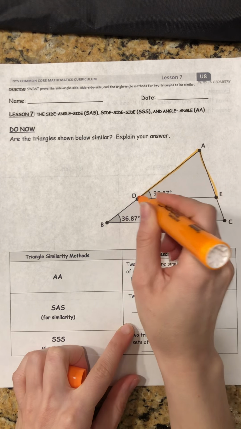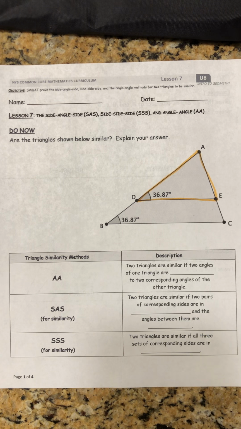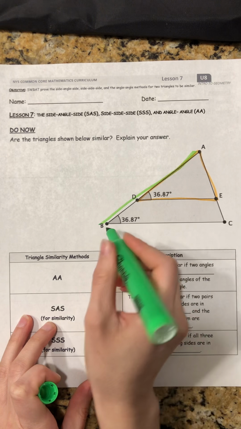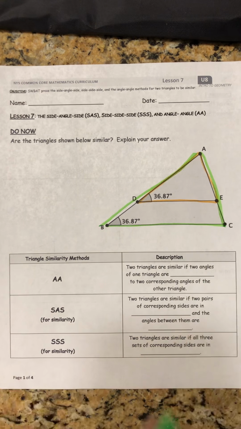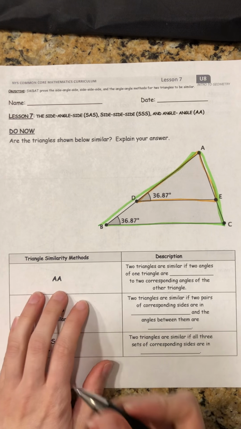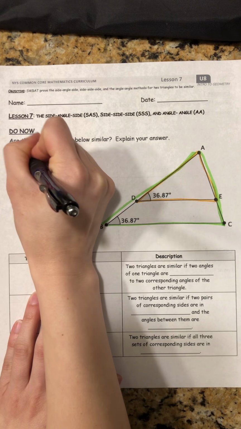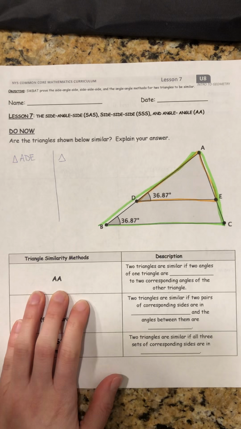We have triangle ADE, okay, and we also have triangle ABC, which is the big triangle. Okay, so it just makes it better to highlight so you can see the two triangles. If I was to draw a picture of the two triangles, we have triangle ADE, and we also have triangle ABC.